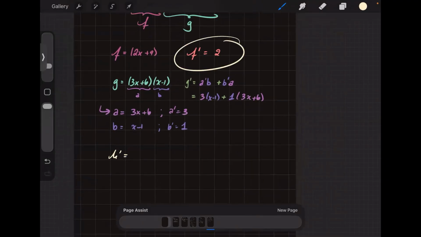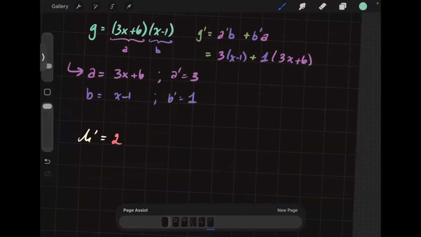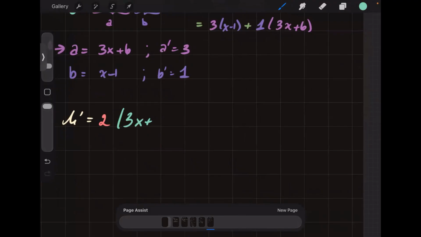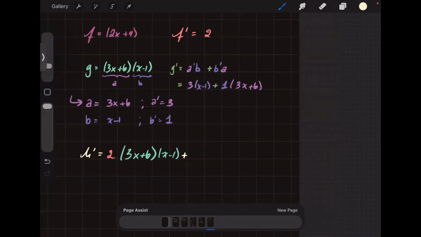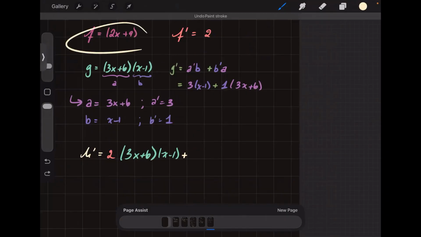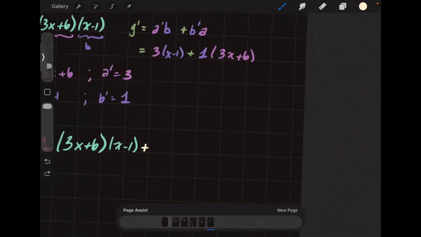f prime times normal g. So it's going to be 2 times 3x plus 6, x minus 1, plus g prime A. g prime is this guy in parentheses, right?